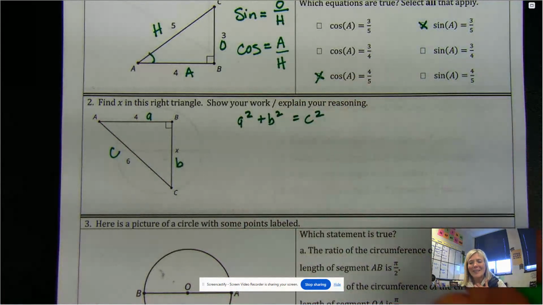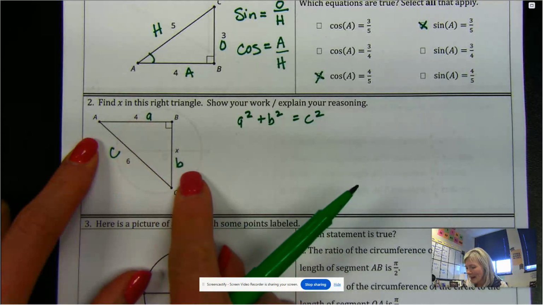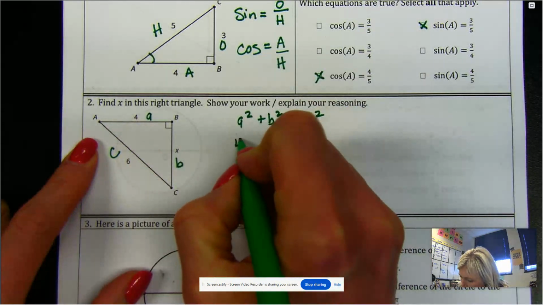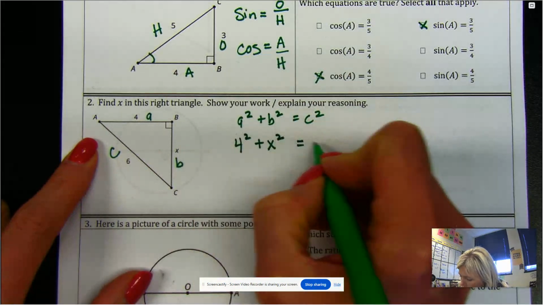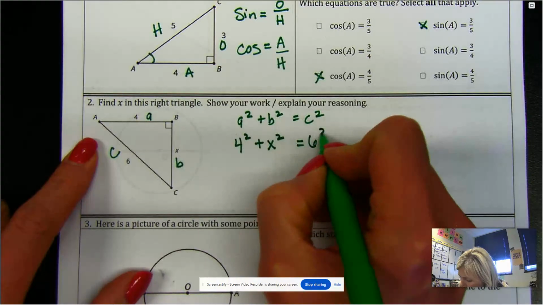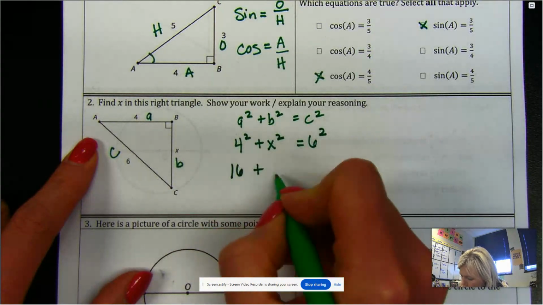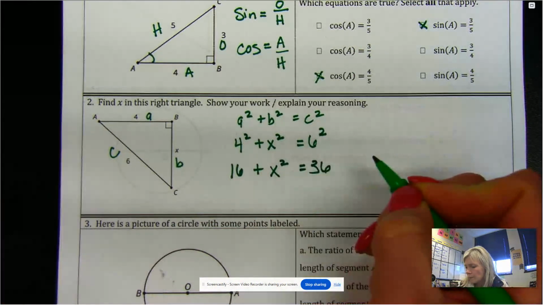And so I'm just realizing I didn't bring my calculator. I have to go get one. But so we have A is 4, B is X, and C is 6. So 4 squared plus X squared equals 6 squared. So let's see, 16 plus X squared equals 36.